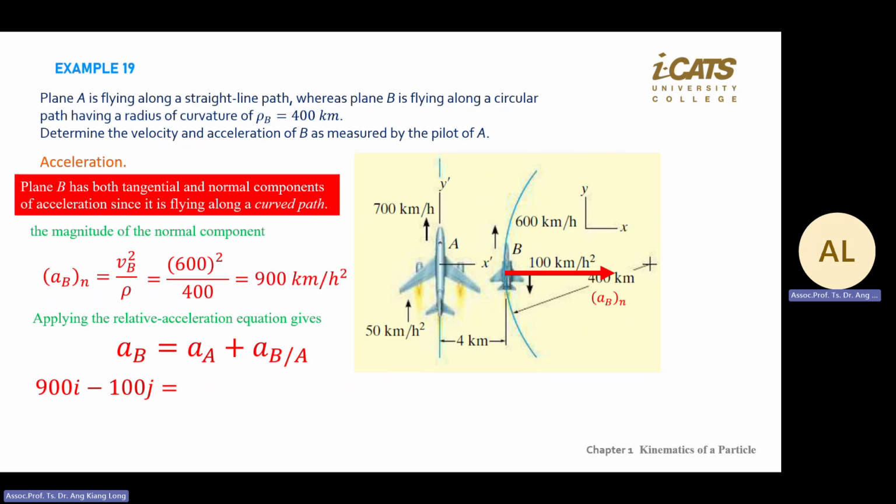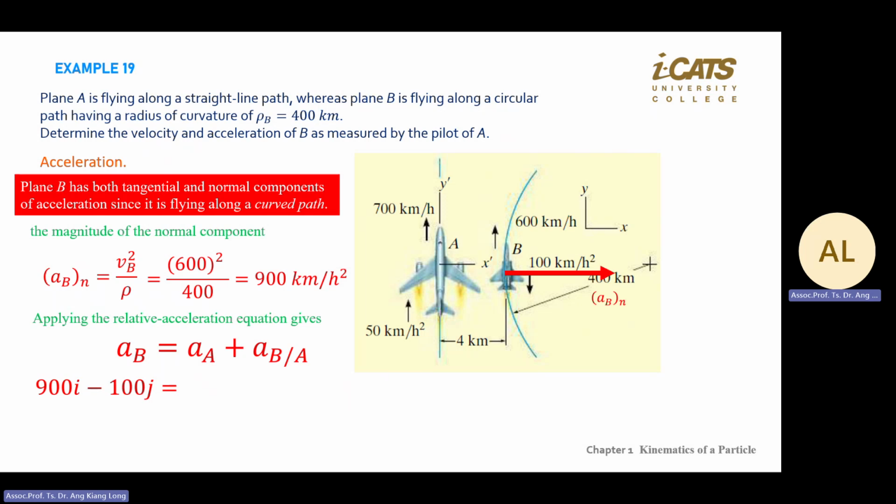Do you know why I can write 900I minus 100J? We are converting the n into x and y axis. The AN is pointing inside. AN is your AX. AN pointing x direction. And your AY is given in the diagram. AY is going down.